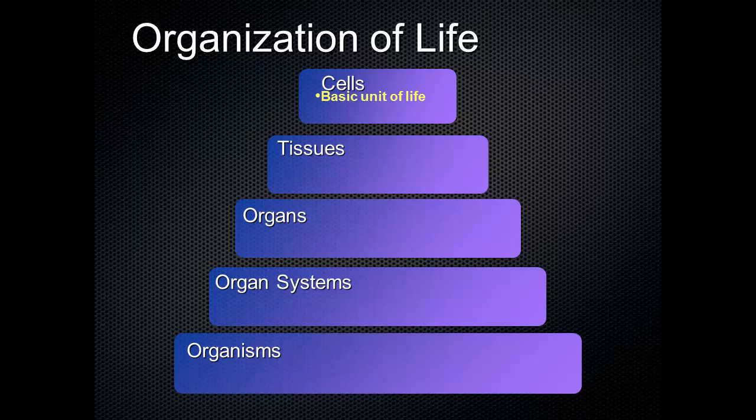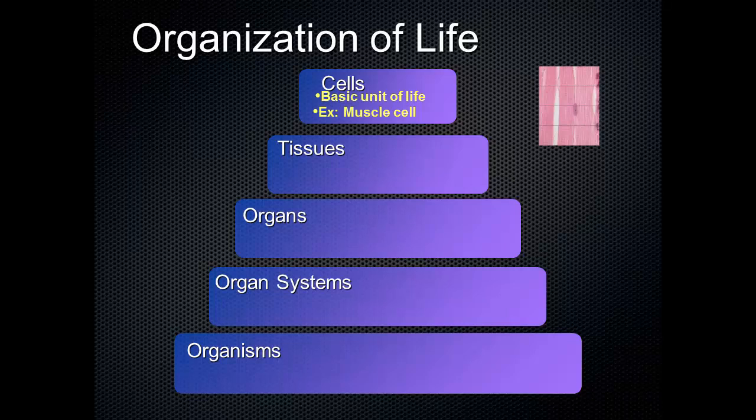Cell is the basic unit of life. But we know more complex organisms like us, we're also made of cells. Okay? And so, for example, in us, you can have one single muscle cell in our body. That's one cell, and it's an important part of how our body works.